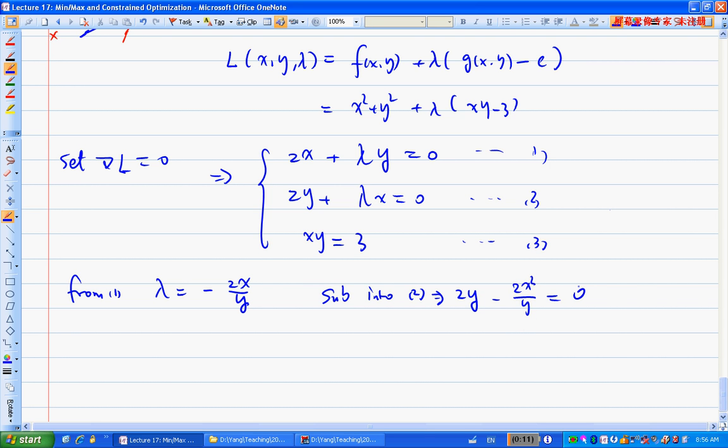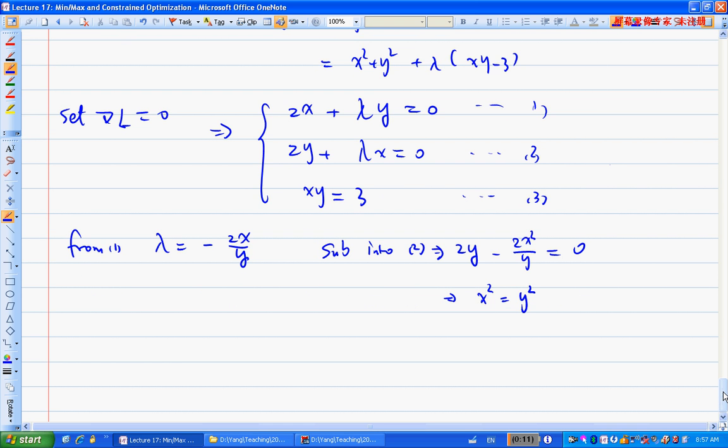Simplify that. We end up with x squared equal to y squared. What does that mean? That means either x equal to y or x equal to negative y.